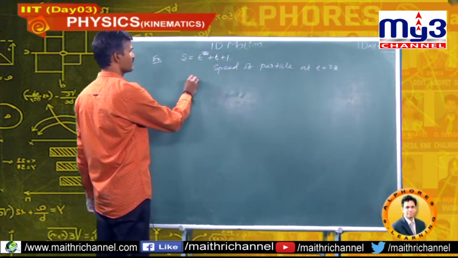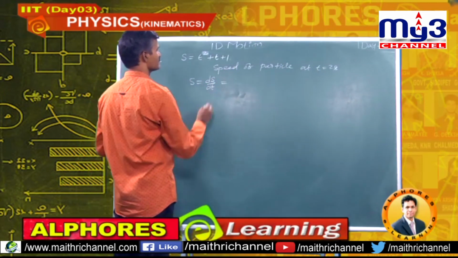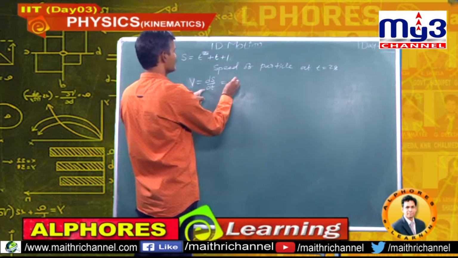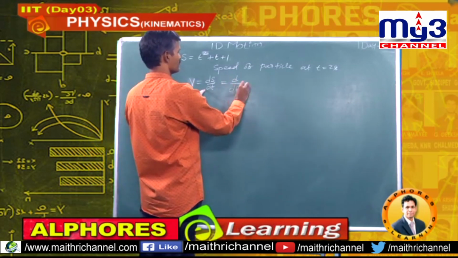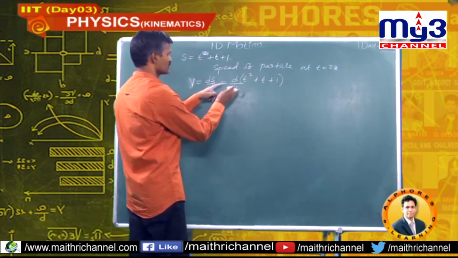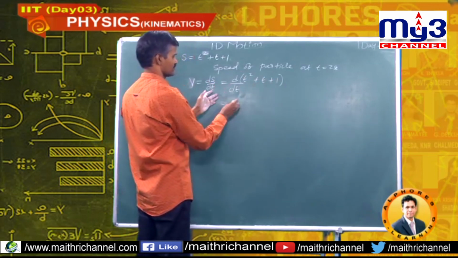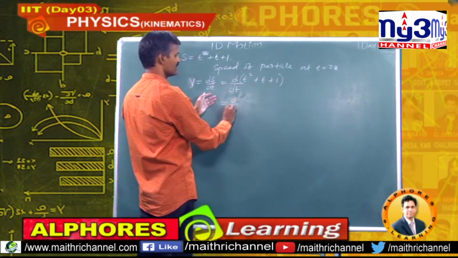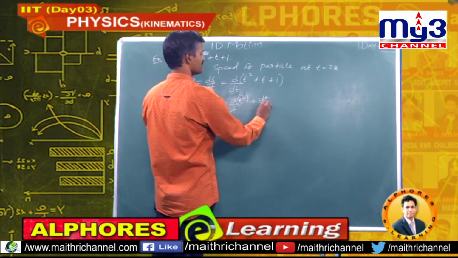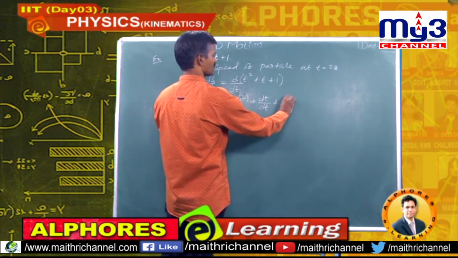So, speed is given by ds by dt, that is d by dt of t square plus t plus 1. To calculate this derivative, we take individual derivatives: d by dt of t square plus d by dt of t plus d by dt of 1.